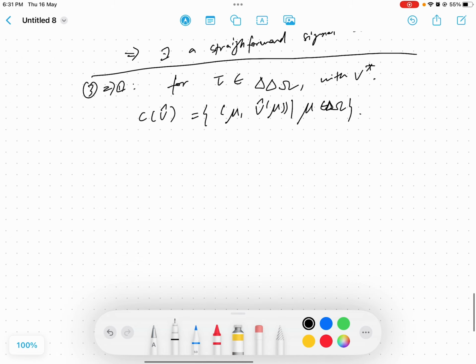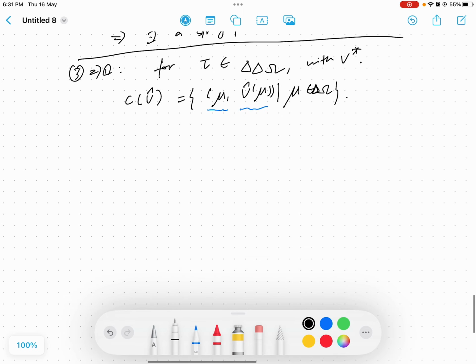Okay, and imagine, just for a simple example, that this is in two-dimensional real numbers, and then this is just the coordinate for the mu and v hat mu, right? That's it. That's pretty straightforward, and we can't say straightforward in this video because we have a formal definition of the straightforward.